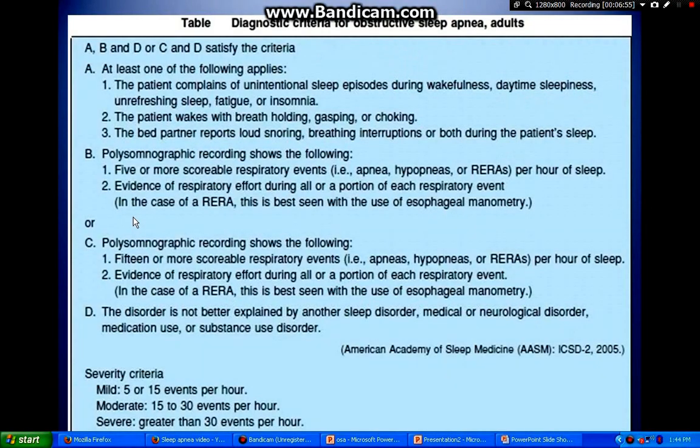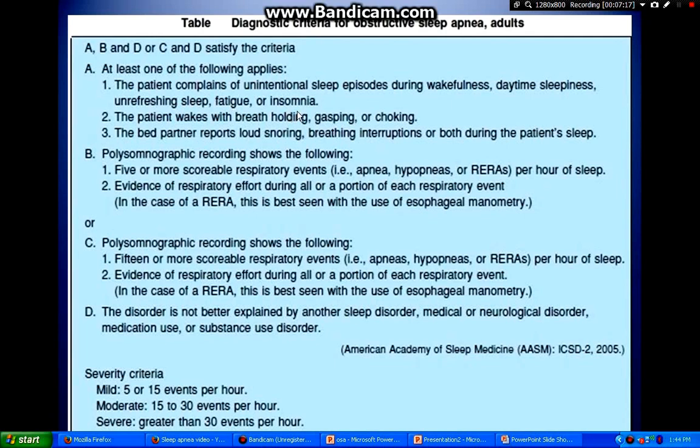So this is the diagnostic criteria for obstructive sleep apnea, in which there are A, B, C, D. A is the clinical feature, B and C are the sleep test. In A, we can see unintentional sleep episodes during wakefulness, daytime sleepiness, unrefreshing sleep, fatigue, and insomnia.